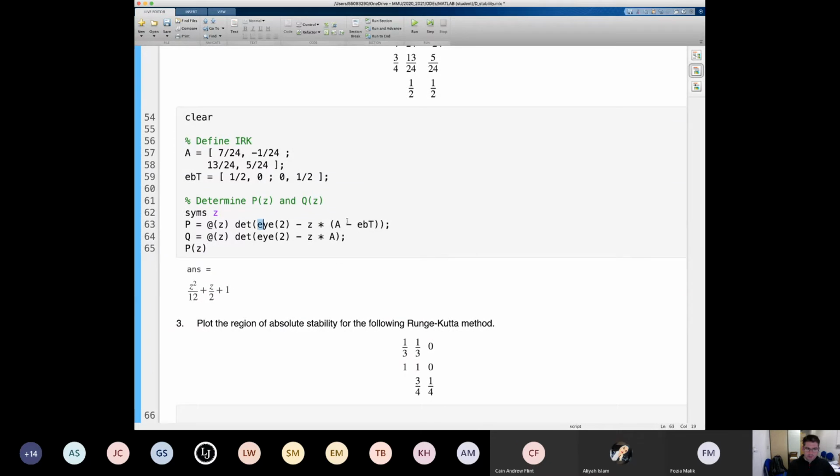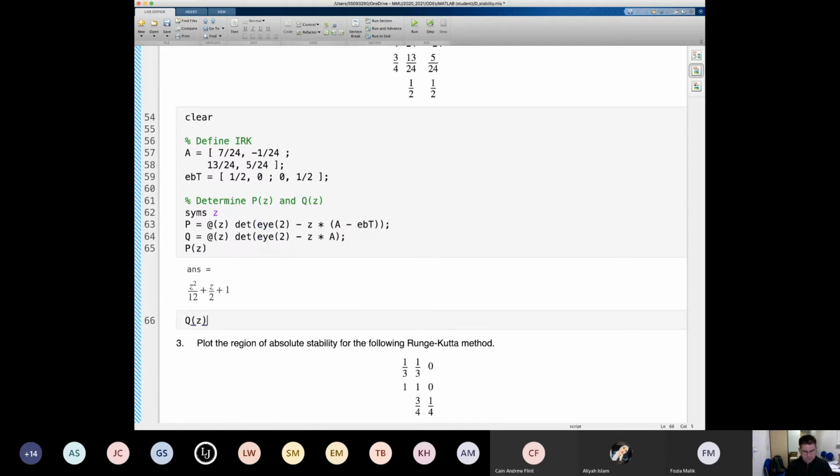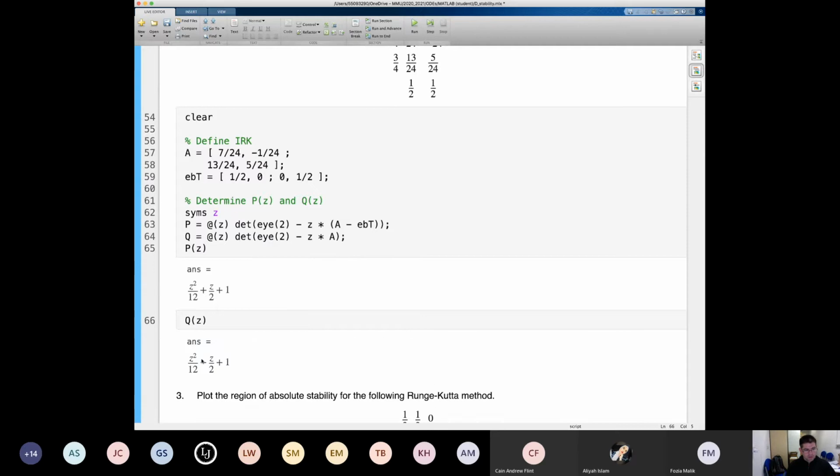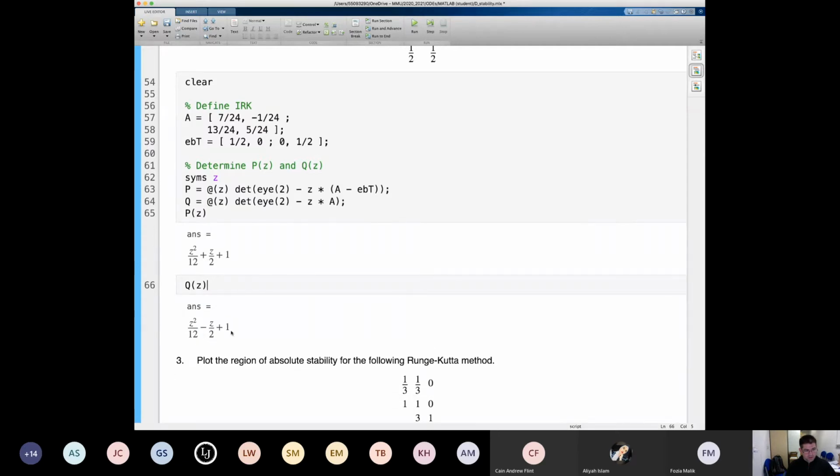If I do the same for qz, it's quite similar: it's the same apart from that sign. You could do that by hand; they're only 2 by 2 matrices, so they're not too tricky.